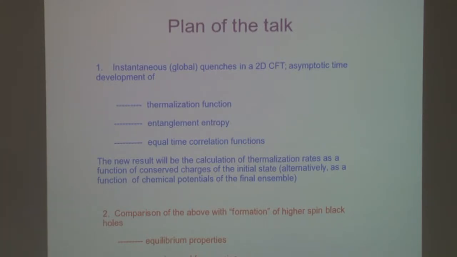We have matched just the first quasi-normal frequency, which is called mu3. That is the quasi-normal frequency of a scalar field when there is a coupling of the scalar field to a background higher spin field, a spin 3 field.